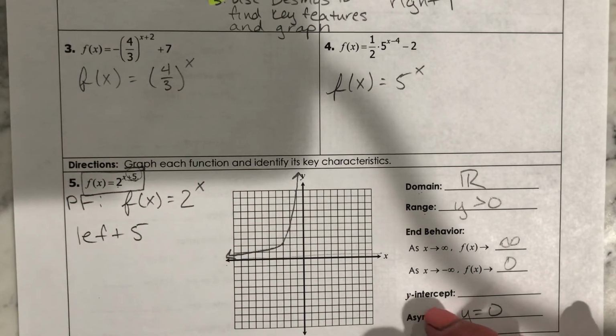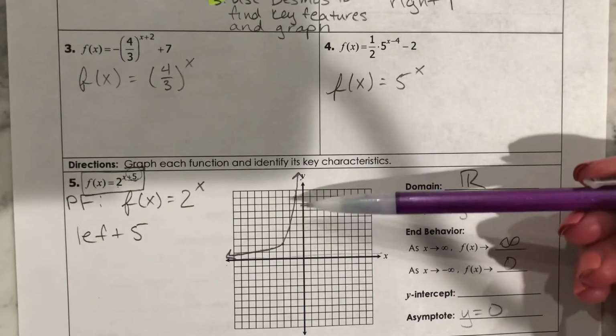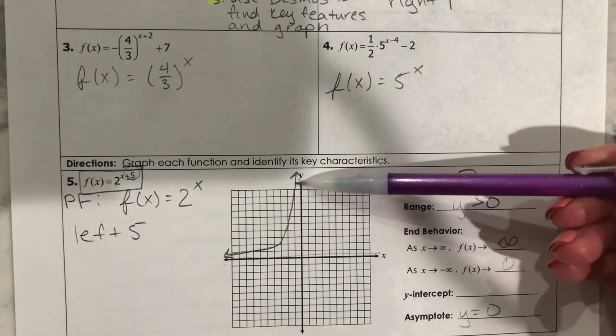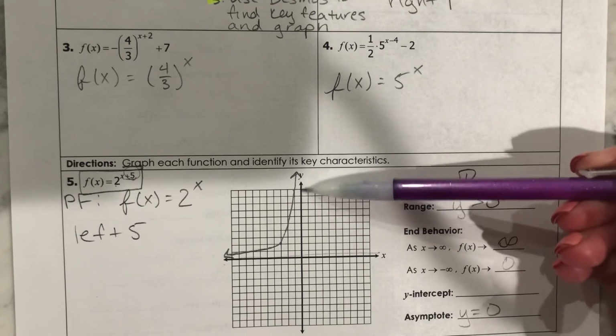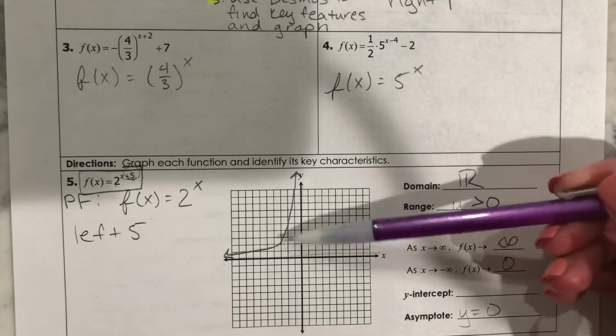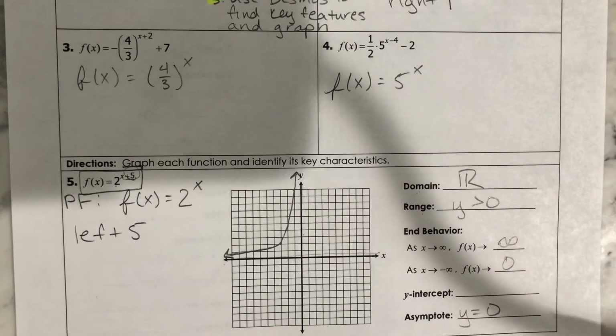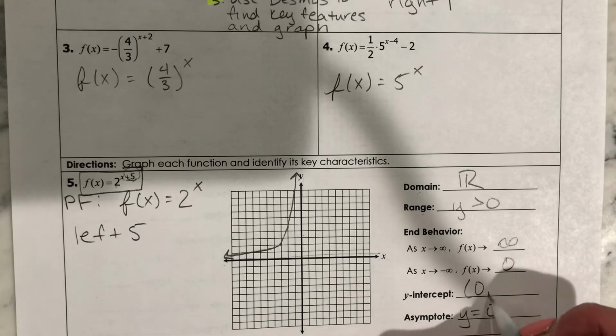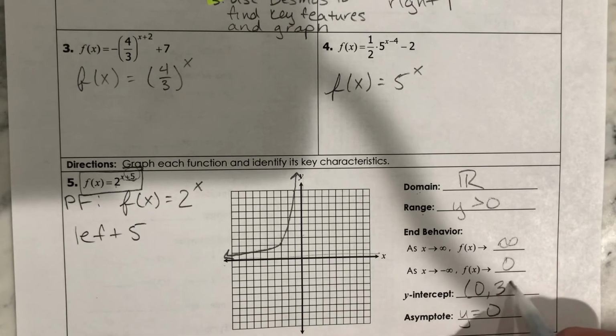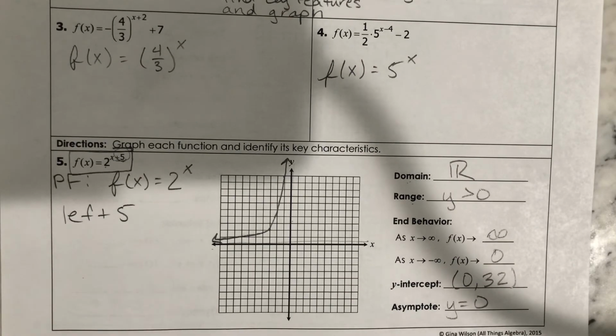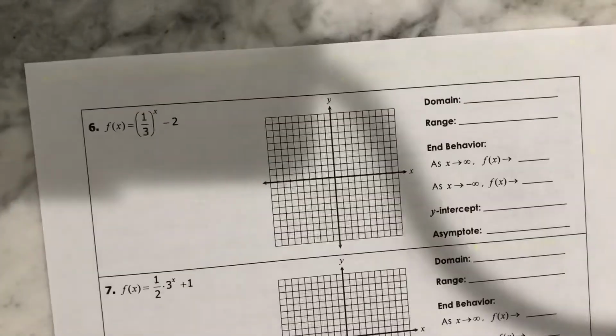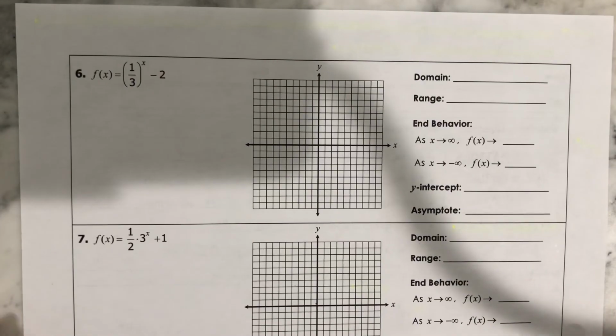And then the y-intercept, you're going to have to click on your graph and follow it up until you see where it crosses the y-axis. So drag your mouse until you see that point, and you would be at 0, 32. Okay, let's do one more together, and then I'll let you do the last 3 on your own for practice.